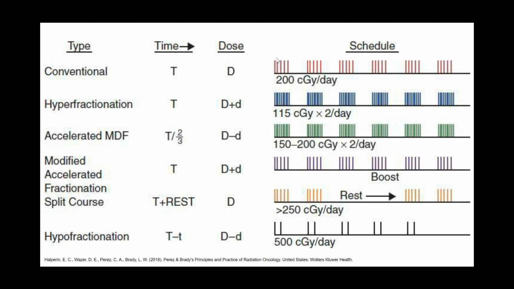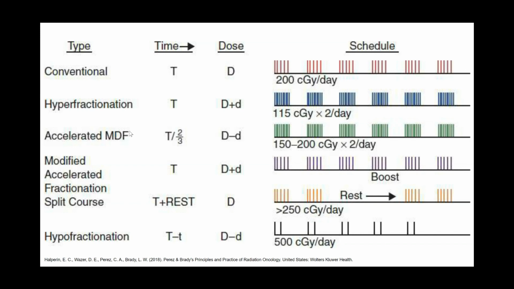So these are the different types of fractionation that we can see. Conventional fractionation is 2 gray per day. Hyperfractionation is the specific dose plus a smaller amount of dose, like here we can see 1.15 given twice a day.